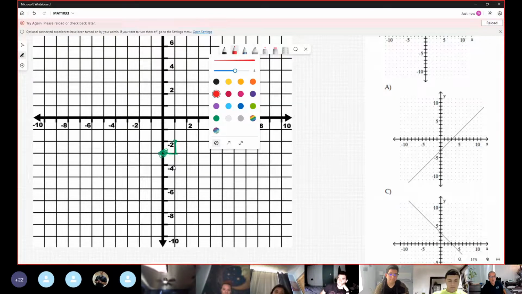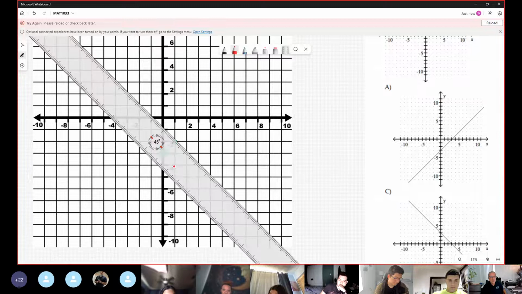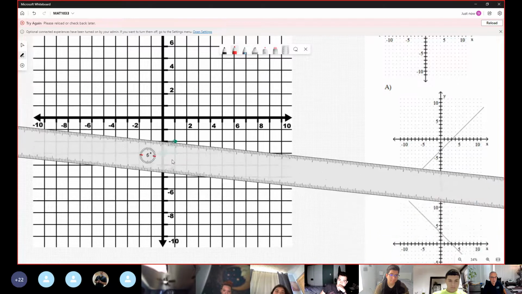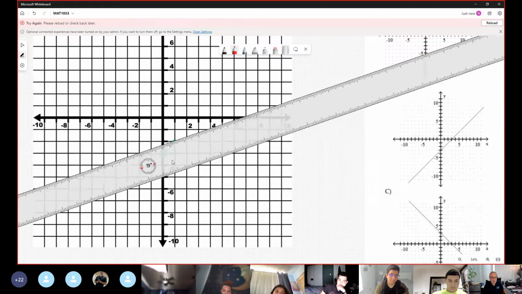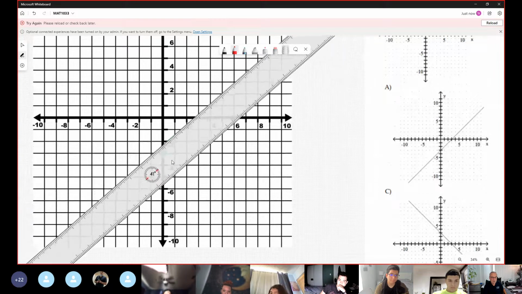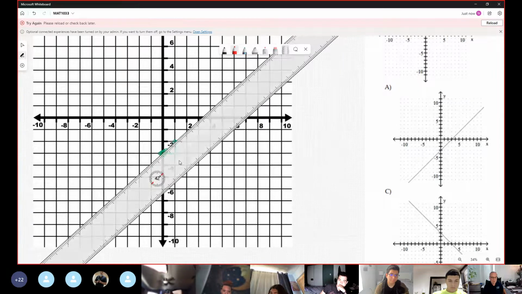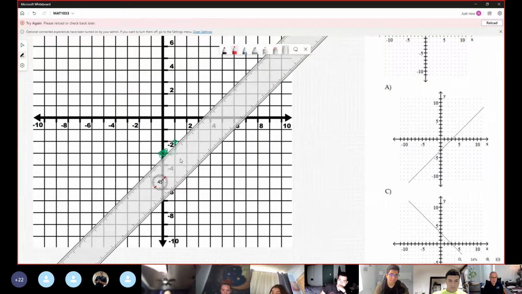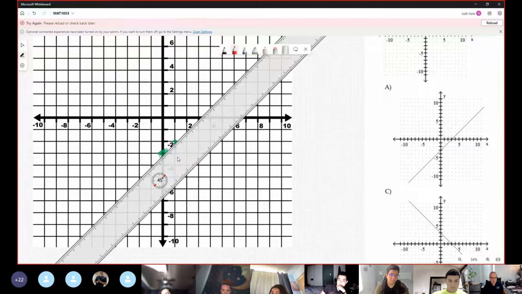Let me try to draw this using my ruler. There you go. You know, it's a graph. And a graph is always an approximation. No accuracy, not 100% true. But it's good.